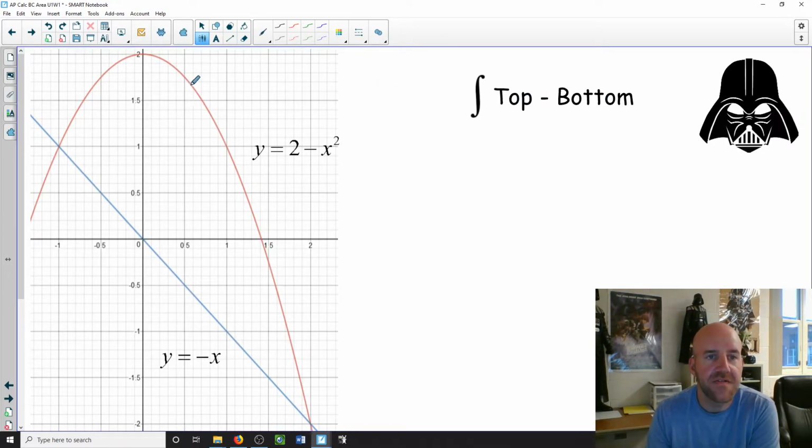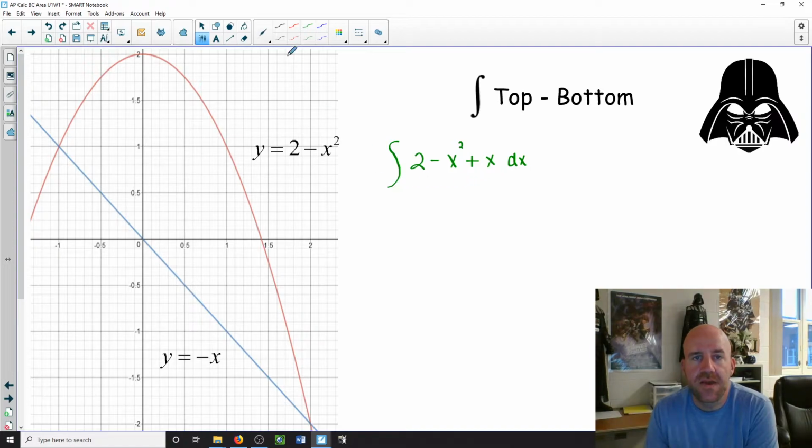In this case, we're doing blue minus red, or 2 minus x squared minus a -x. So let's write that out. 2 minus x squared minus a negative, so that's going to be a +x, and then dx. So we've got to throw our -1 and our 2 on, so we know what to evaluate at.